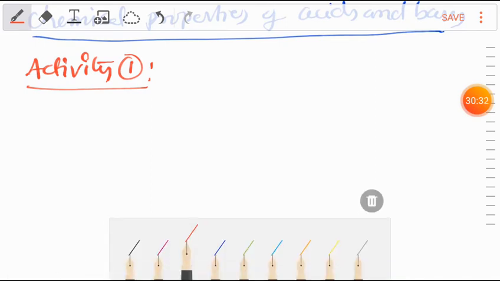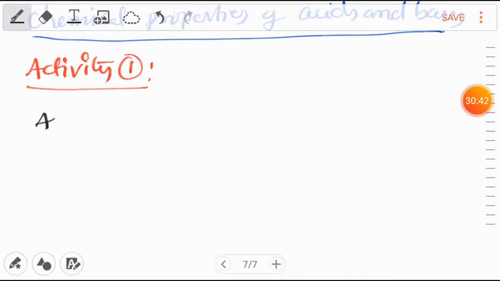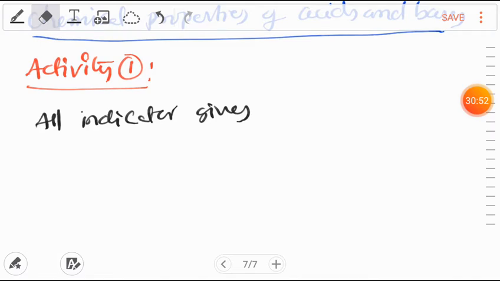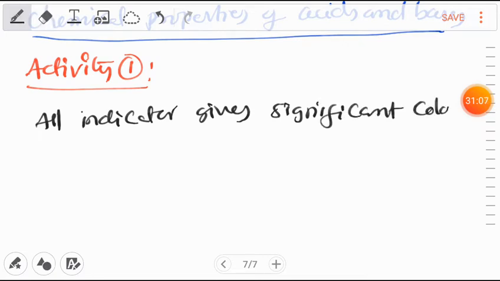So activity 1, what are you going to do? We know that all indicators give significant colors.